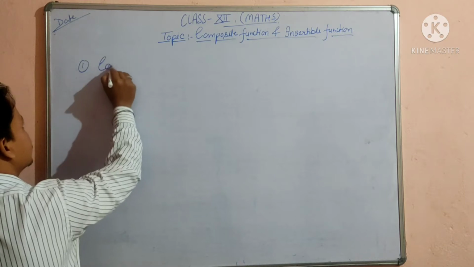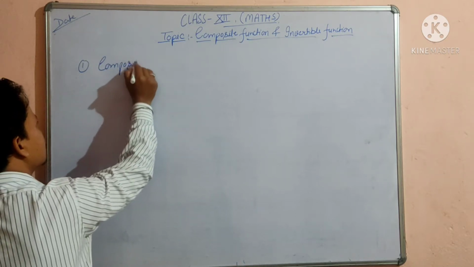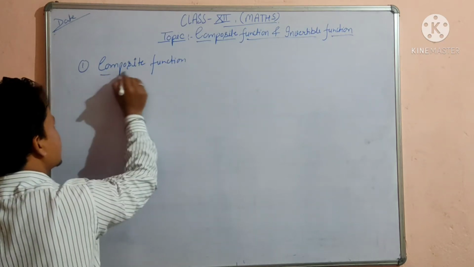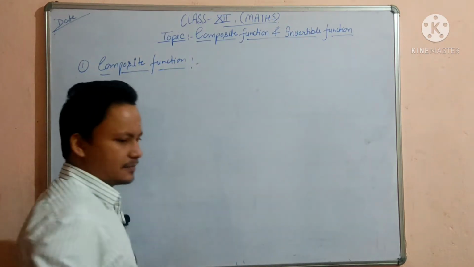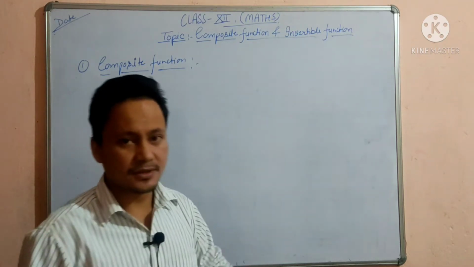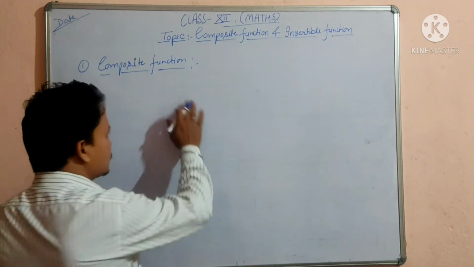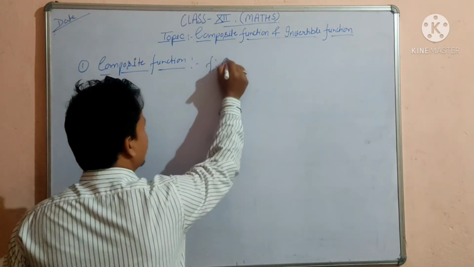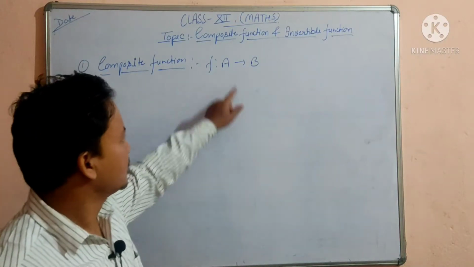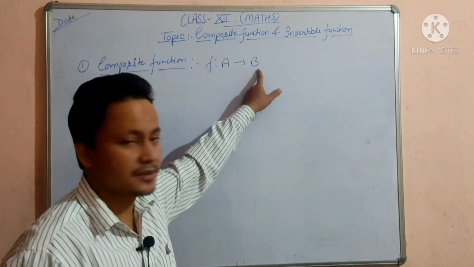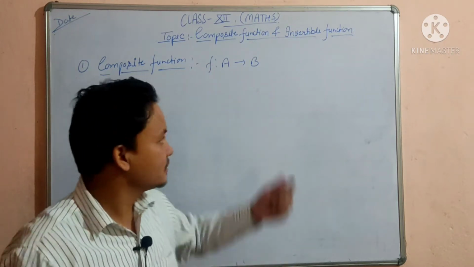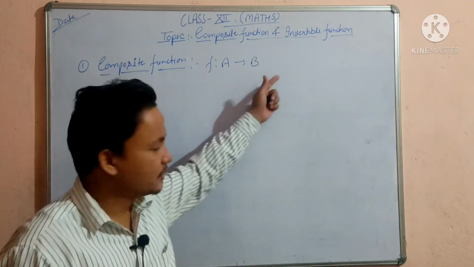composite function. What is a composite function? Before I start composite function, let me introduce what a function is. When I taught you the function, I told you that in a function there are two important things. The very first is the domain and the other is the codomain.